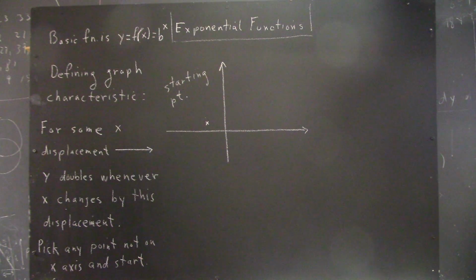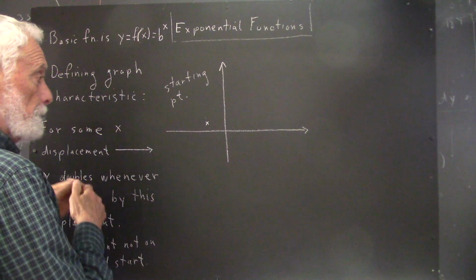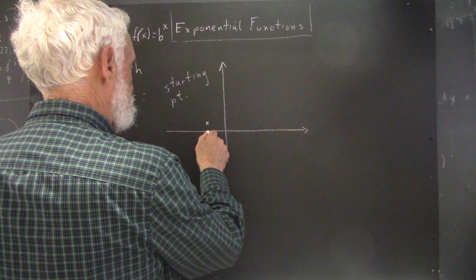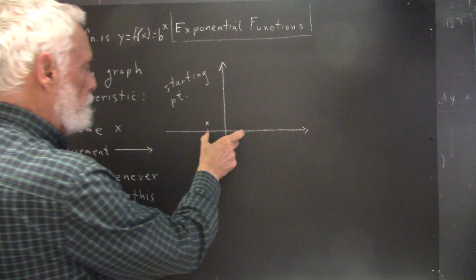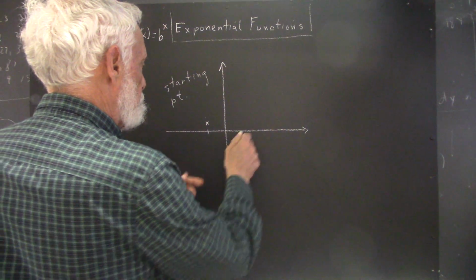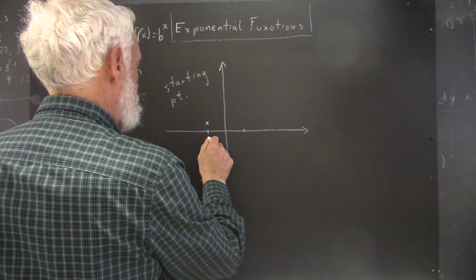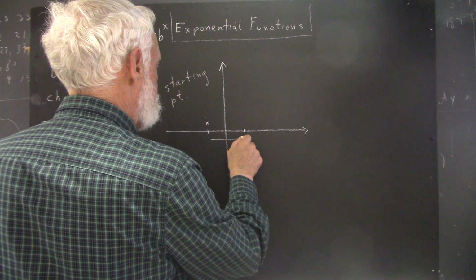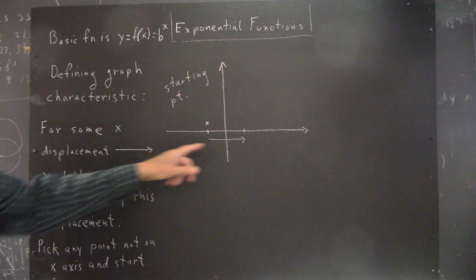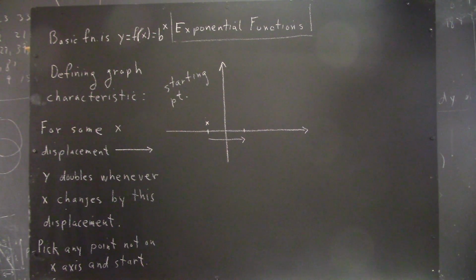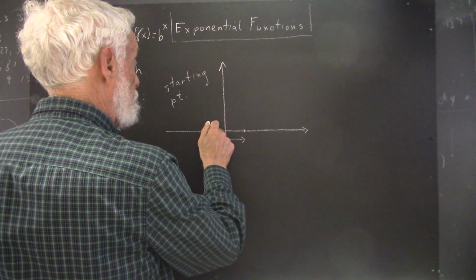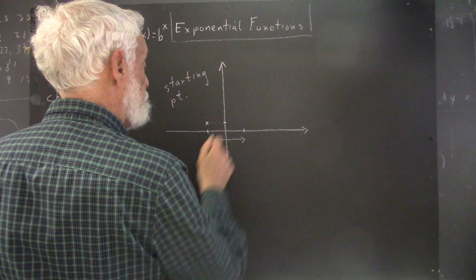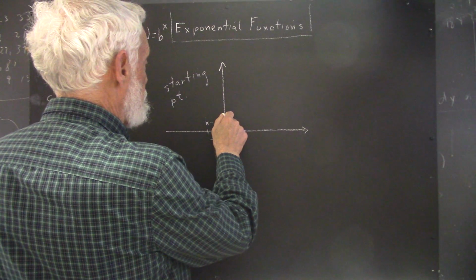Now, we let x change by an amount. Here's our x value. Now we apply this arrow, we change x by this much, and that's going to move us to here. So right there is my change in x. The y value is going to double. The y value here was this. We're going to double that. Well, that's pretty easy to do.